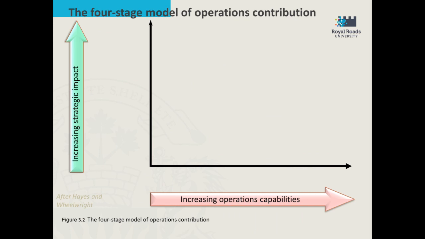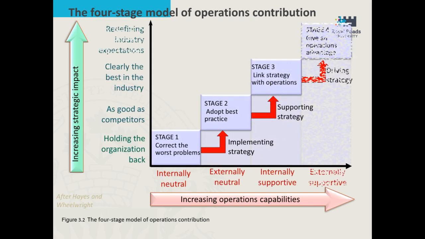Based on that, there is a very important model called the four-stage model, which can be used to assess operation contribution. The model is about four stages, and it depends on the role of operation. If operation is holding the organization back, it's kind of internally neutral.